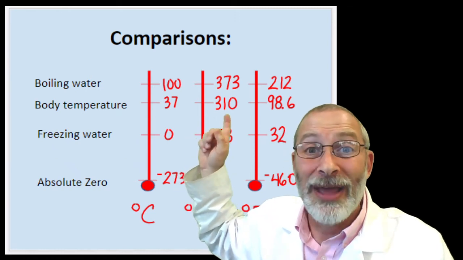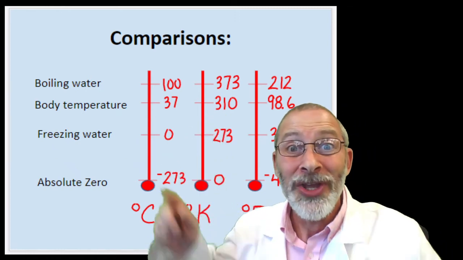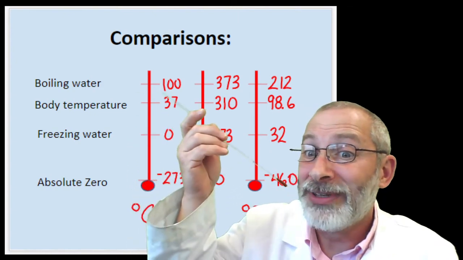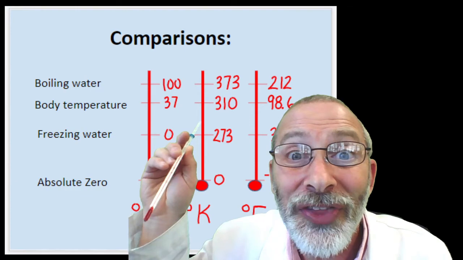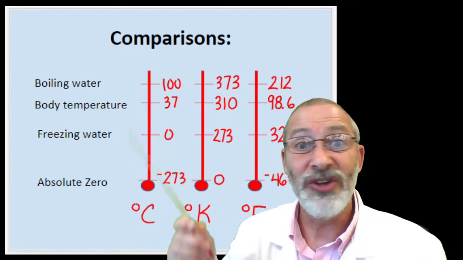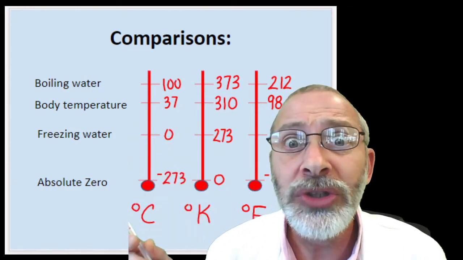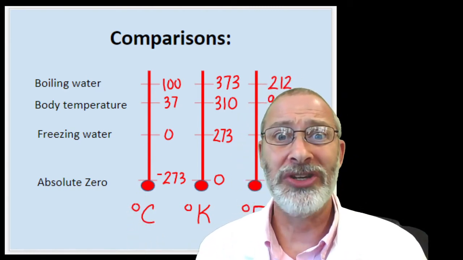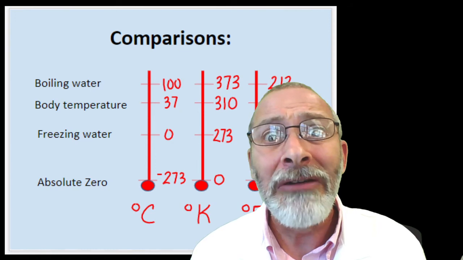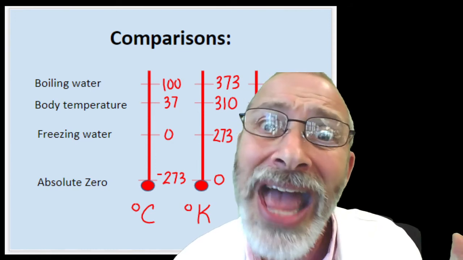That's body temperature in the Kelvin scale. So if somebody at home takes your temperature and you're in bed and you've got a Kelvin thermometer, they're going to look at that and say, there's no way you're going to school today. We've got to take you to the hospital because your temperature is sky high, 310 degrees. I'm surprised you're not dead, kid.